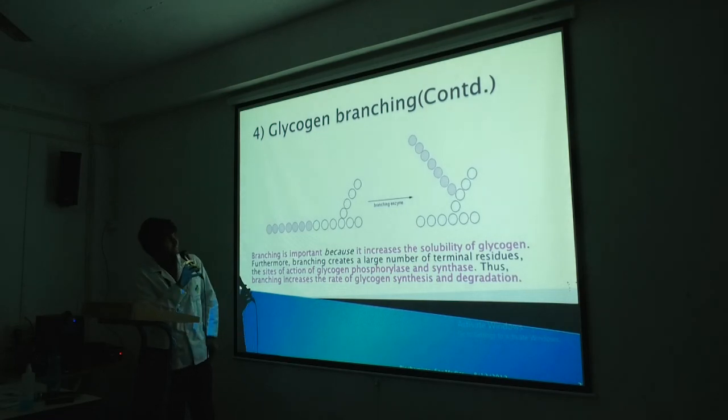And here is the picture. The branching is important because it increases the surface area and increases the solubility of glycogen. Furthermore, branching creates a large number of terminal residues, the sites of action of glycogen phosphorylase and synthase. Thus, branching increases the rate of glycogen synthesis and degradation.